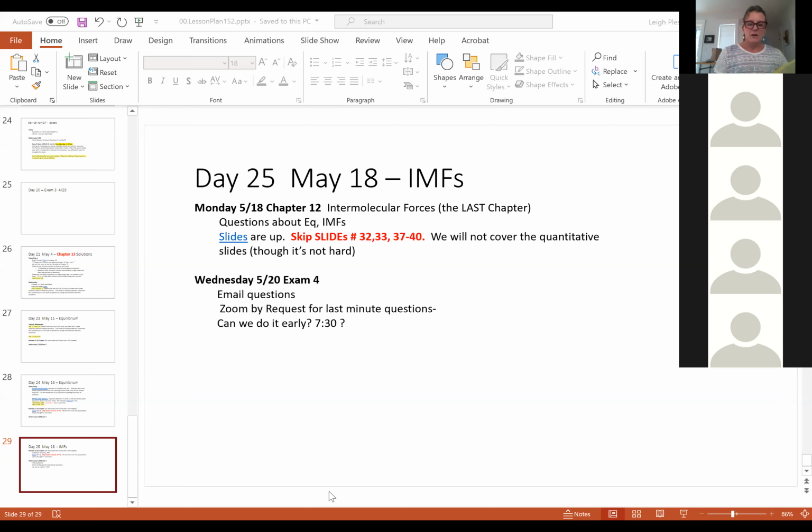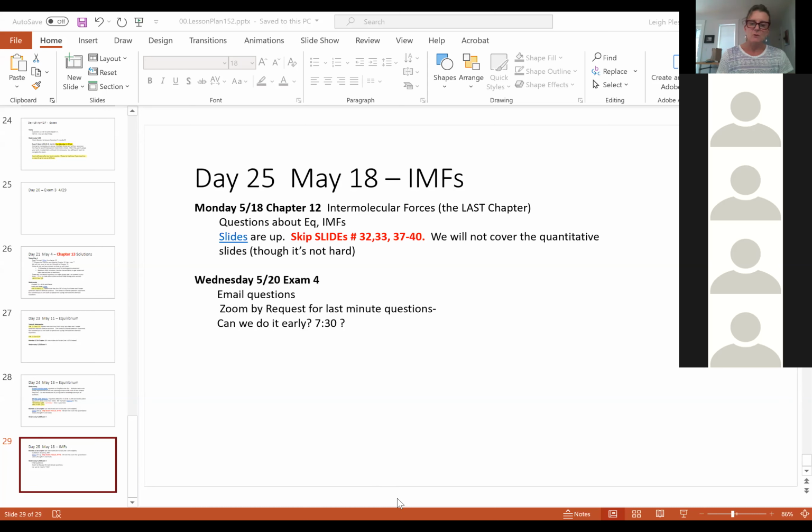Did you look at the IMF stuff yet? Intermolecular forces? Yeah, I did. I started reading. What do you think about it? I only did about a third of the chapter. It seemed pretty straightforward. Yeah, the first part of the chapter is review, and some of that stuff in the other flavor of this class, I cover early on, when we do energy and matter, when I do Chem 100.